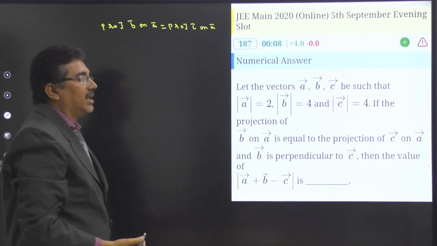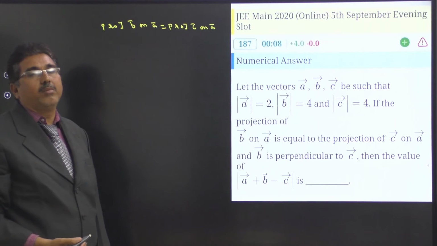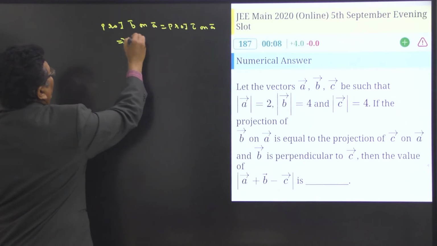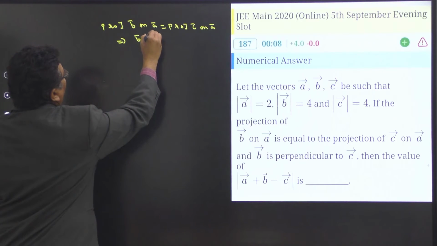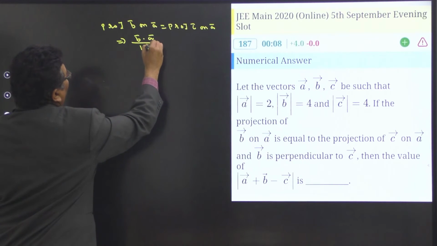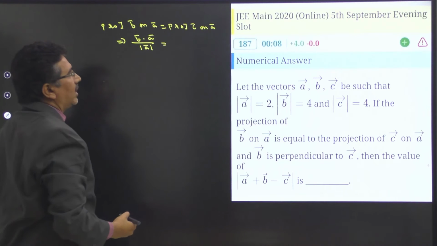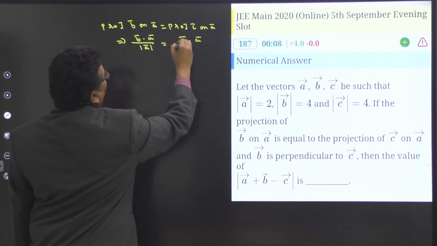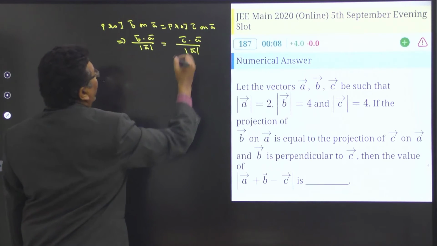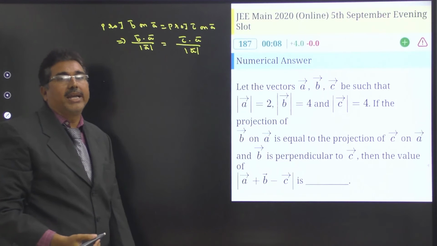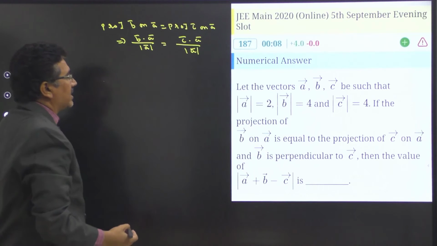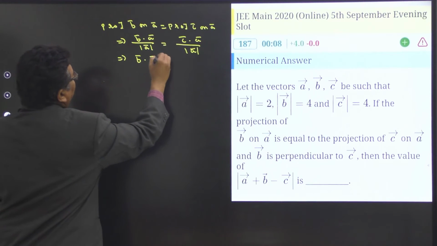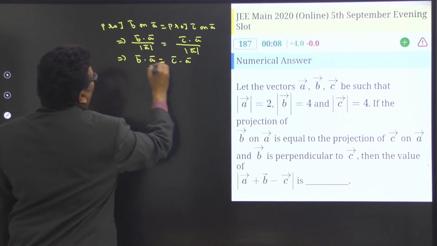Right. What is the formula for the projection of b bar on a bar? That implies b bar dot a bar by mod a bar is equal to c bar dot a bar by mod a bar. Right? Mod a bar gets cancelled. That implies b bar dot a bar is equal to c bar dot a bar.